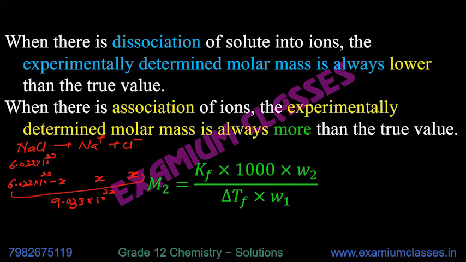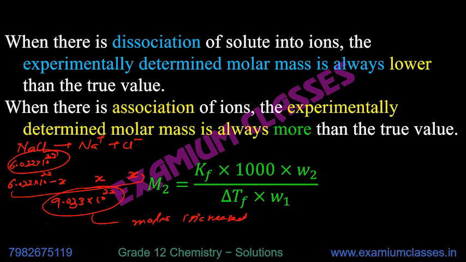Now there is a greater total number of particles. So a greater number of particles will give you a greater number of moles. Okay, moles increase. Why? Because 1 mole is 6.022 into 10 to the power 23. So this will be 1.5 mole, it means moles increased.